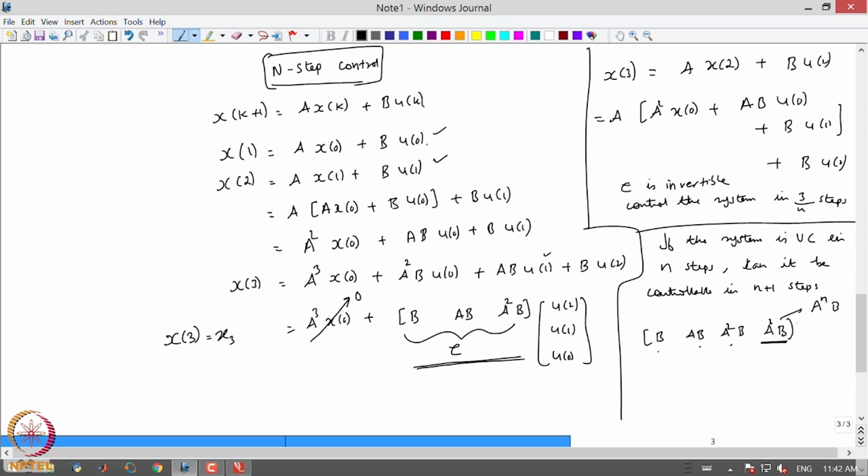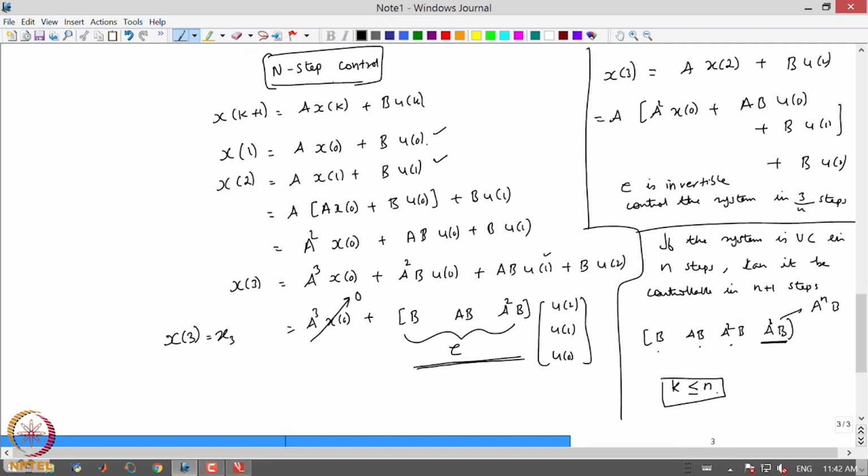So, if it is controllable in n steps, it is controllable. And if it is not controllable in n steps, it cannot be controllable in n plus 1 steps. However, there are possibilities where it could be controllable in some k steps which is less than n, for example. I will do an example with this.